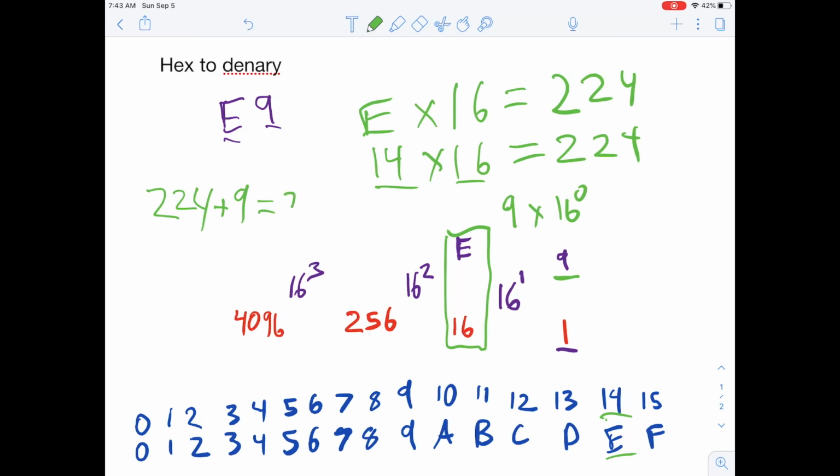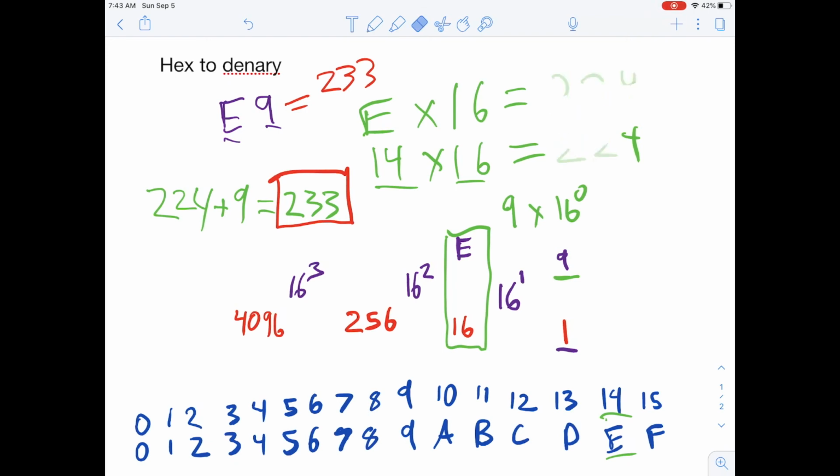And that's going to take you to 233. So our answer here is 233. E9 in hex is equal to 233 in denary or decimal. And that's using the place values.